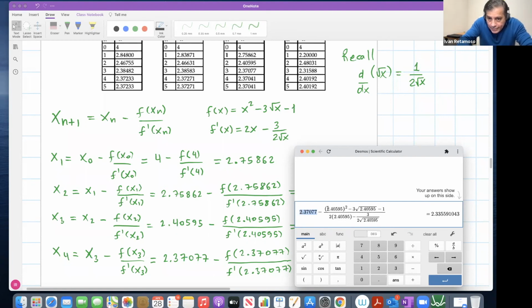Copy, paste here, carefully. Paste here. And then we should have our new output value.